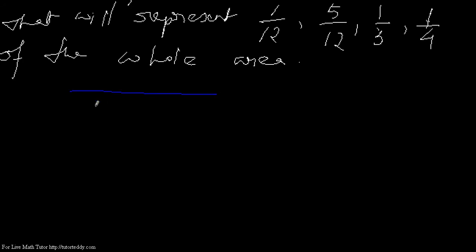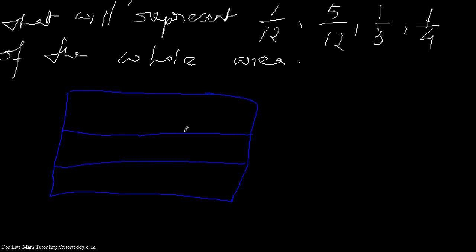Suppose I have a box like this, and it is divided into 12 equal parts this way. I'm just drawing it roughly, but assume that these are 12 equal parts.